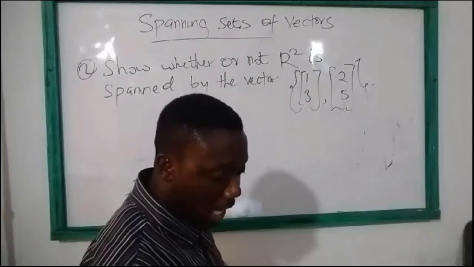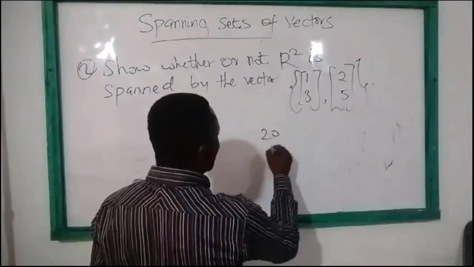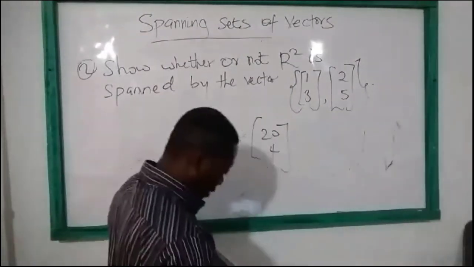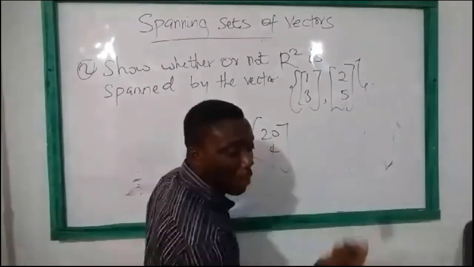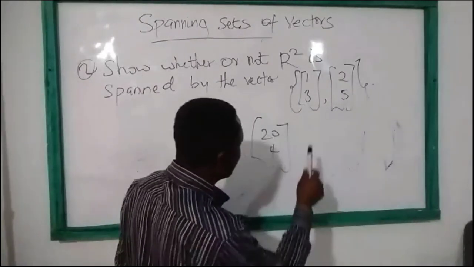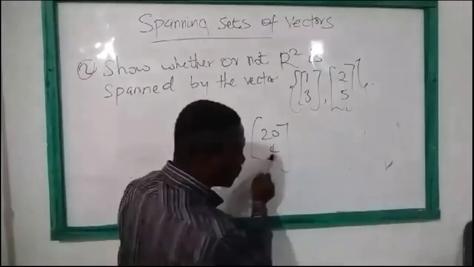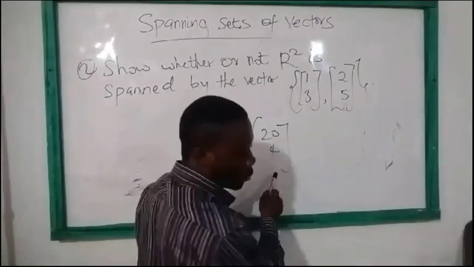In the initial example we solved, that vector 2, 4 was given, so we just had to see if we could express it as a linear combination of the two vectors.